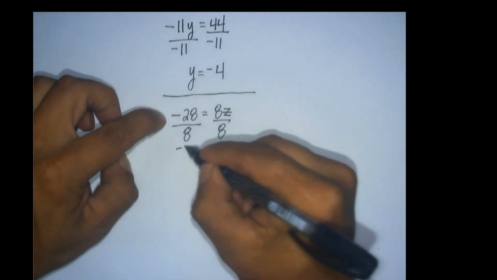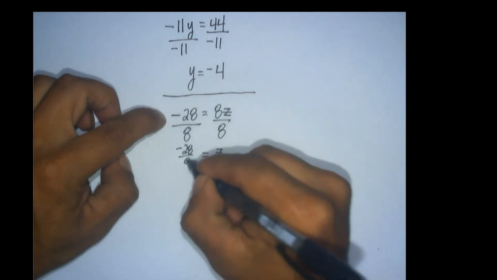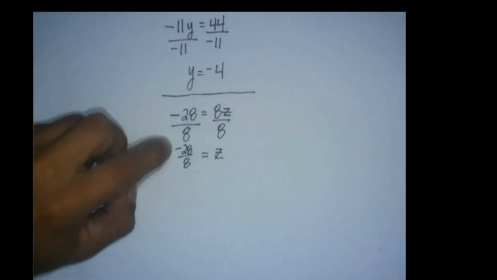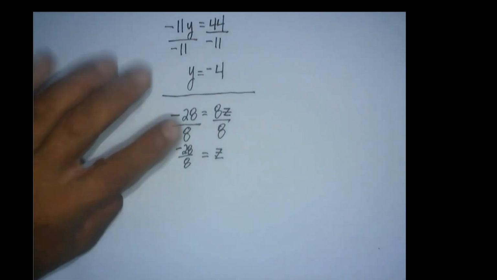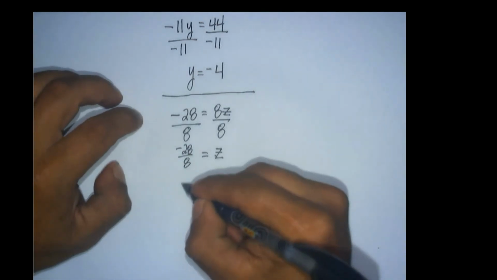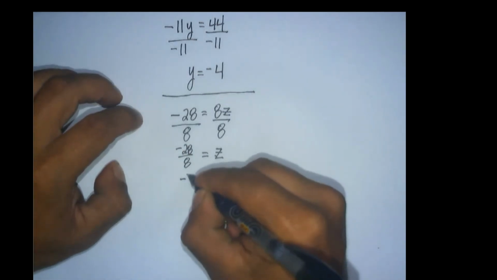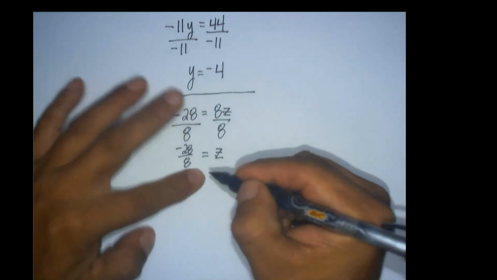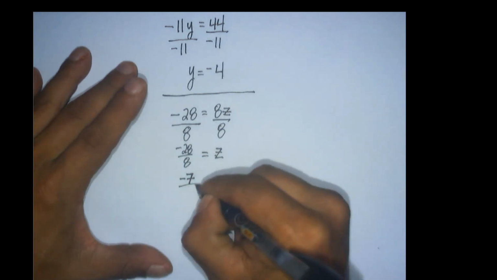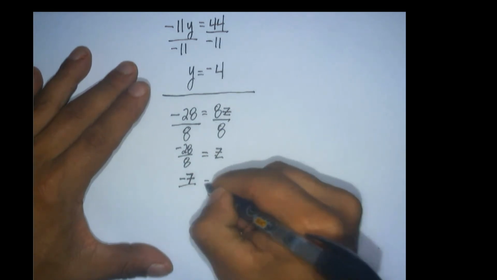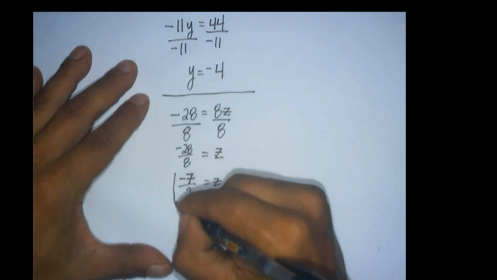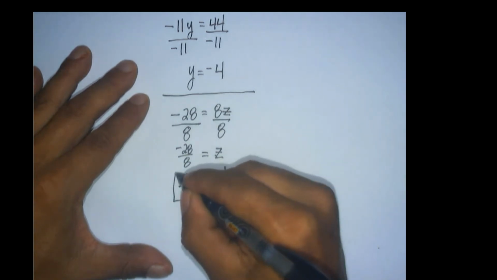Negative 28 over 8, which can be reduced. There you go. Both of those are divisible by what? By 4. What's 28 divided by 4? Is it 7? Yeah, negative 7. And 8 divided by 4 is 2, so negative 7 over 2. And 7 over 2 is acceptable to me.